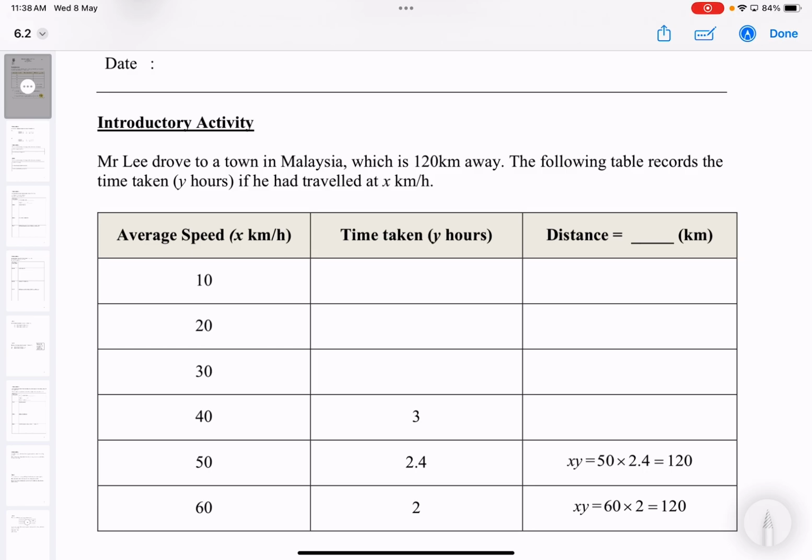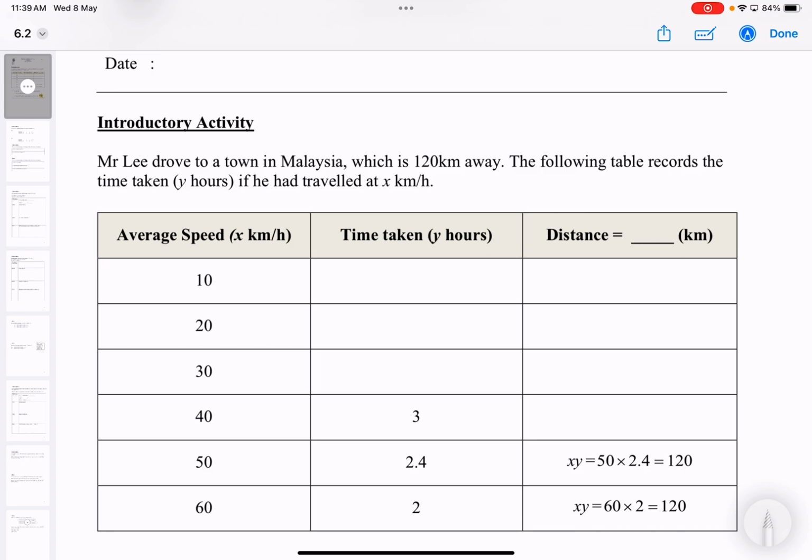He earns $11 an hour. So if he works for the first hour, he earns 11. The second hour, he should earn $22. Every hour that he works, he should increase his wages by $11. So that is the concept of direct proportion.